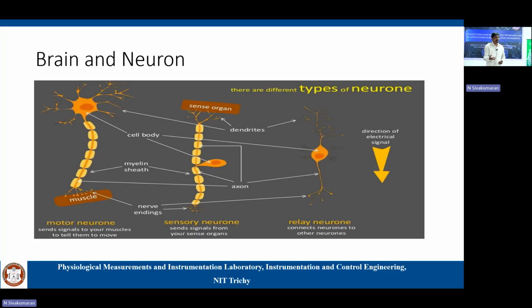If you look at the connections, we have 100 billion neurons, and each neuron is connected to at least thousands of other neurons. Think about it. The connections are complex. That's why for the last 20 years people have worked on brain connectivity.